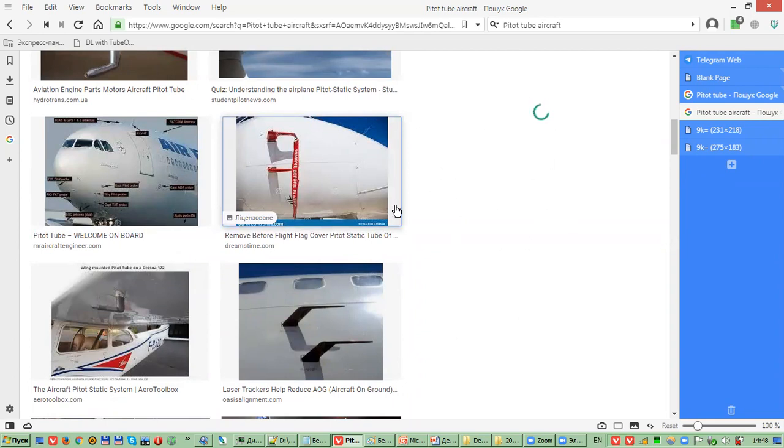What are the requirements for this place? First, the airflow in the place of sensor installation must not be disturbed by the front part of the aircraft. For example, this sensor must be put in the very front part of the aircraft.